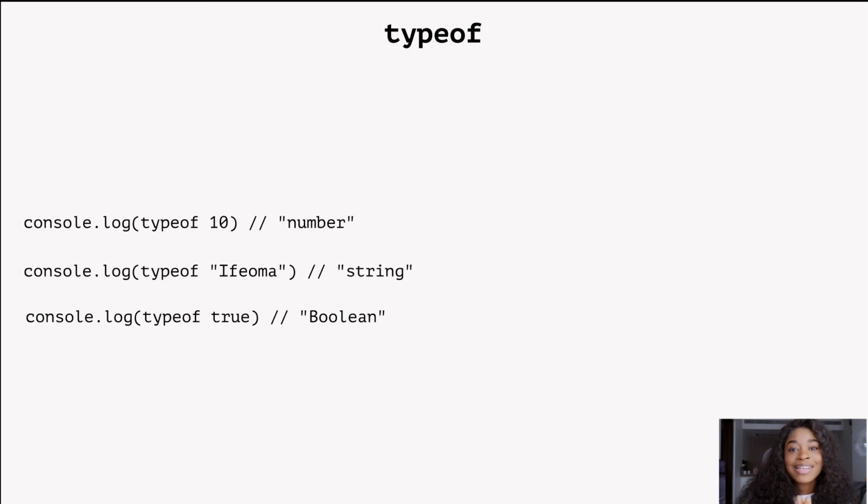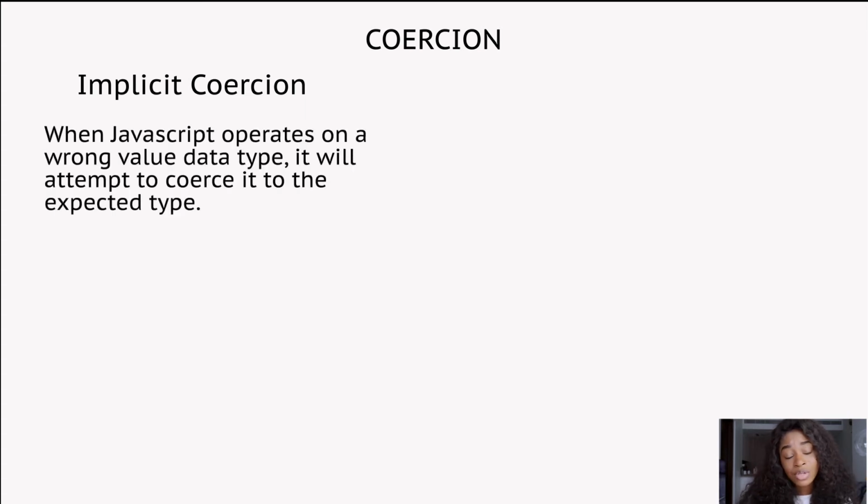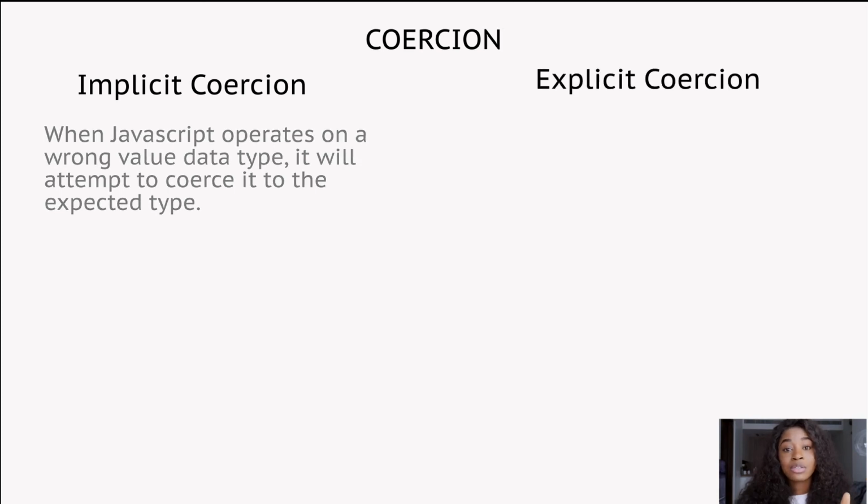Let us take a look at how values are changed or converted from one type to another. That is referred to as coercion in JavaScript. Now, there are 2 types of coercion. One is the implicit coercion, which JavaScript automatically handles, and it doesn't necessarily always result in what you expect. The second one is the explicit coercion.